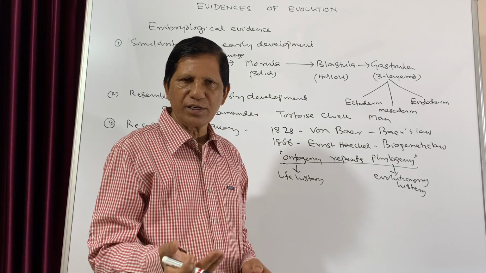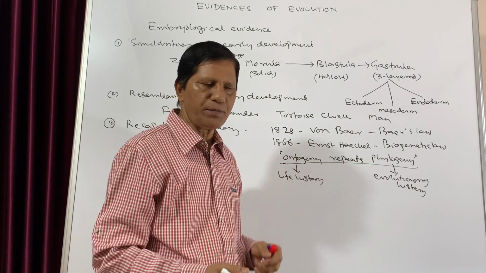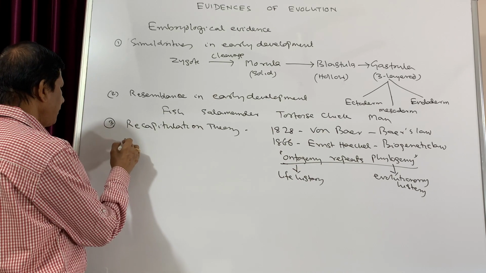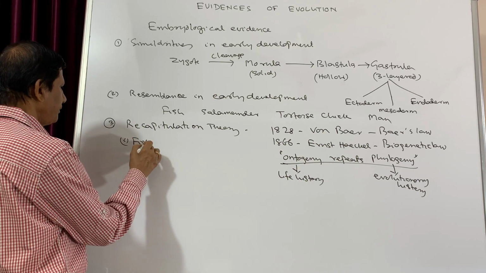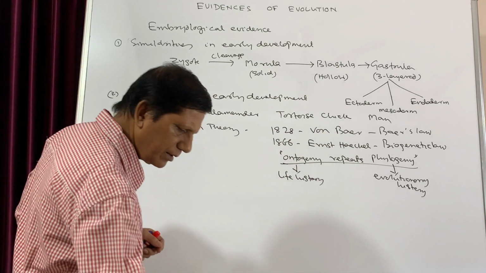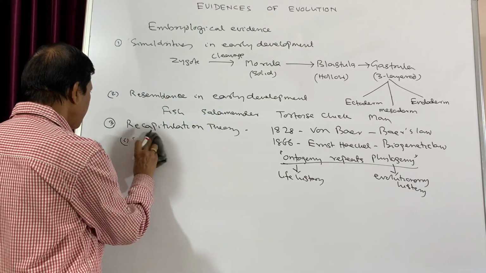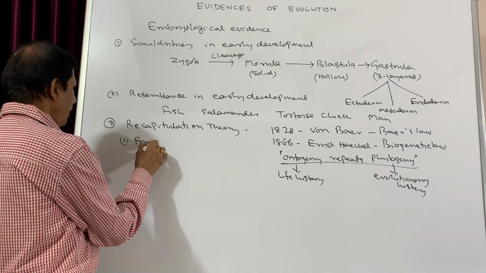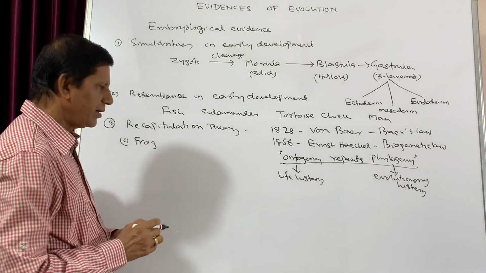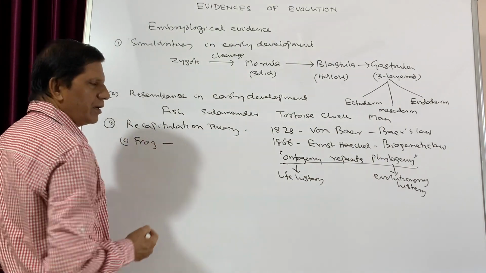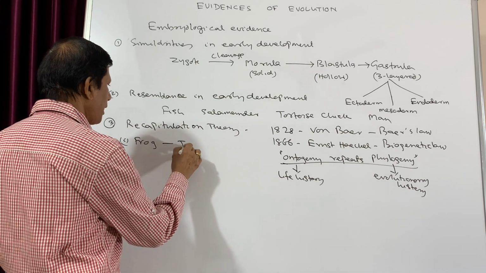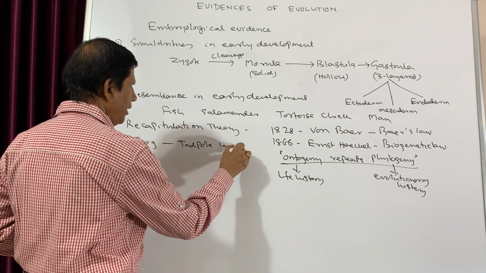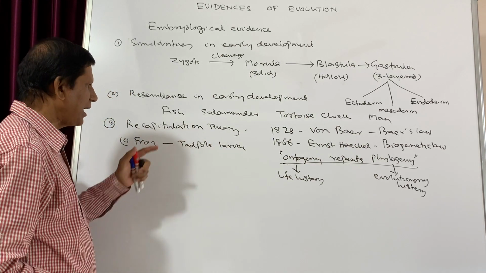We can understand it better if we give some examples. Let us give one example from the fish, or we can better give that of the frog. In the frog, the larva stage is known as the tadpole larva.